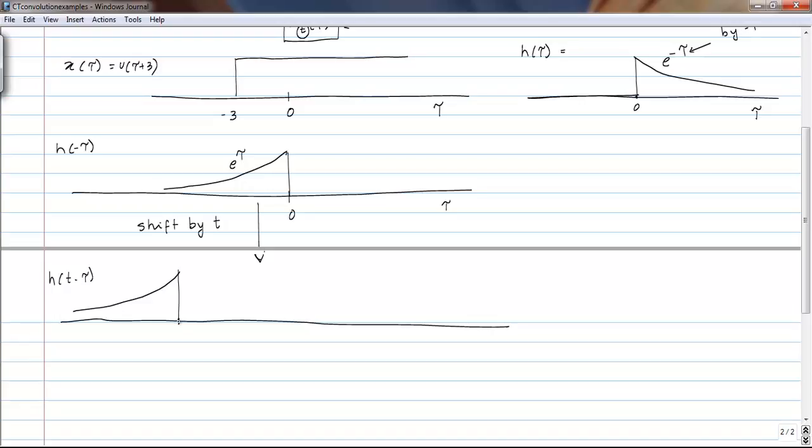So what happens is we have shifted it by the absolute value of t to the left. So this 0 now goes to t. And this function becomes e raised to, we have to replace tau by tau minus t.